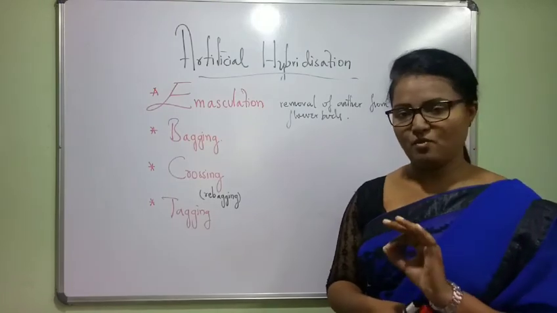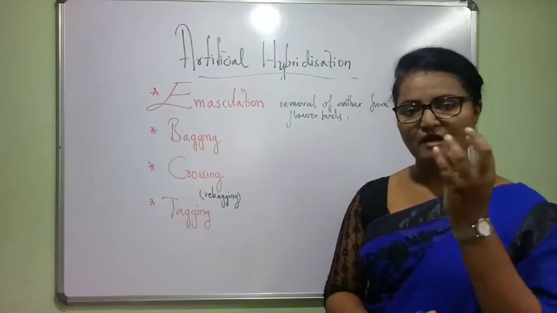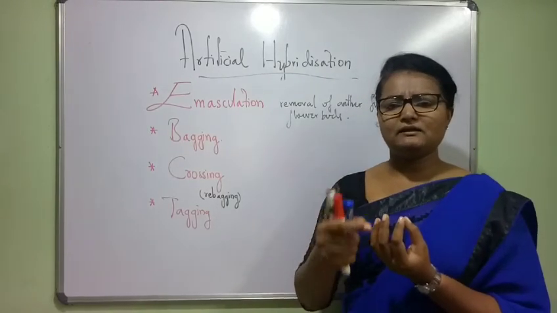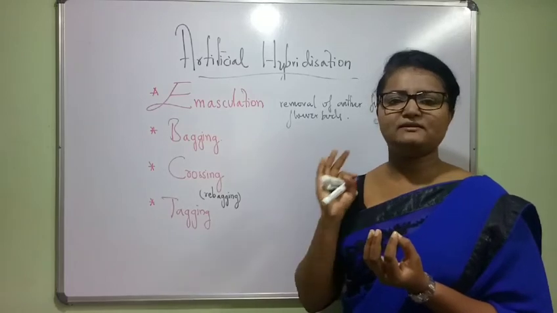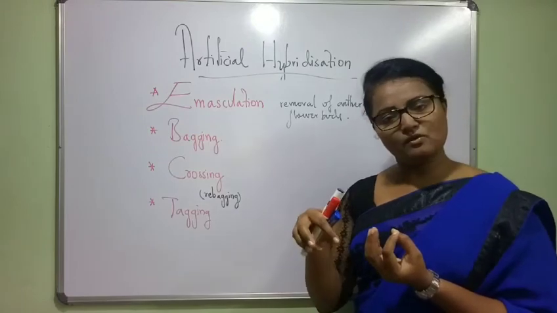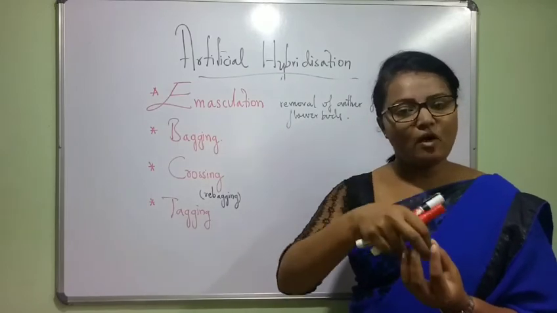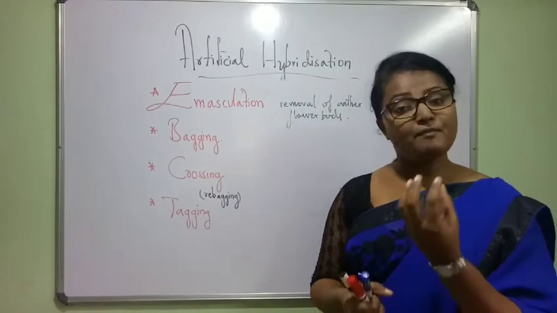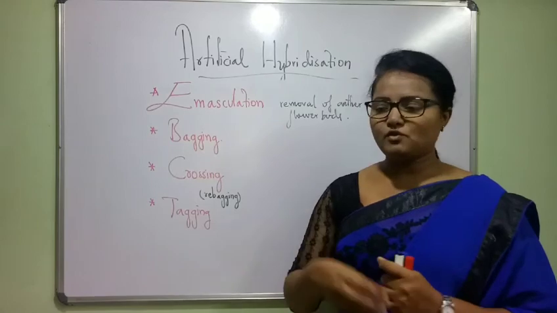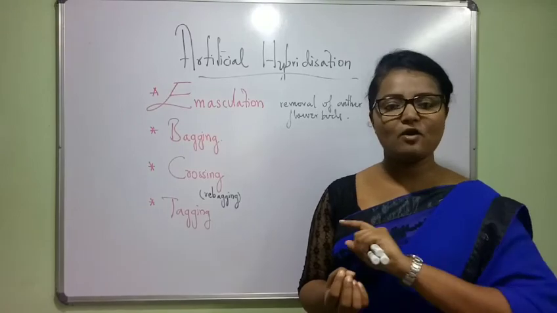In such a condition, they perform emasculation at the flower bud stage only, removing the anthers, because they don't need the anthers of such flowers, as they are going to put in the desired character, mixing the characters. So they remove the stamen part from the flower at the beginning of the bud stage. Why at the bud stage? Because in the bud stage, the stamens and the anthers are not yet matured.